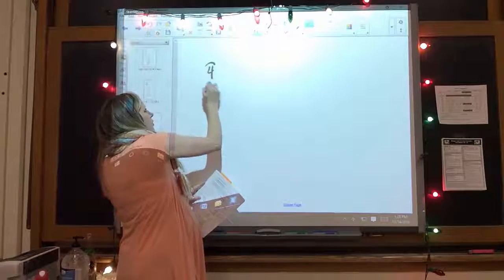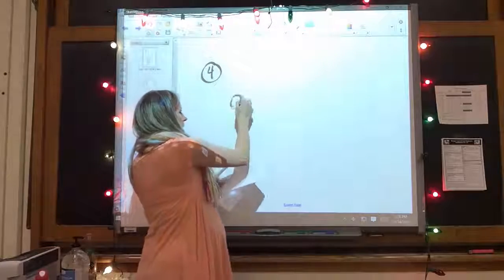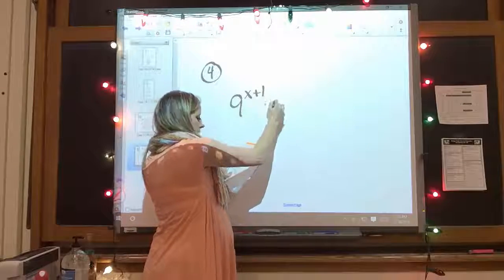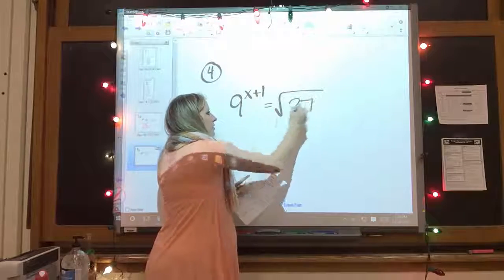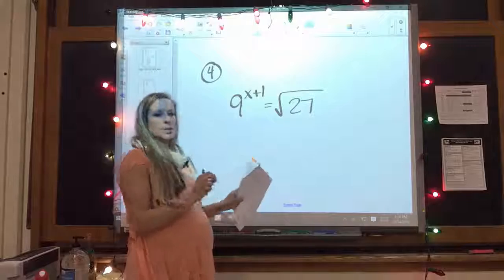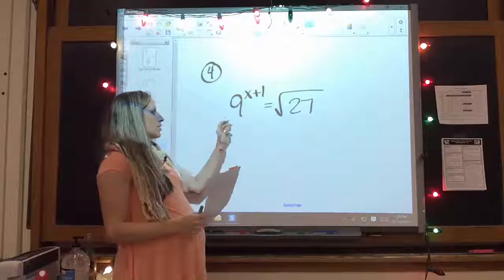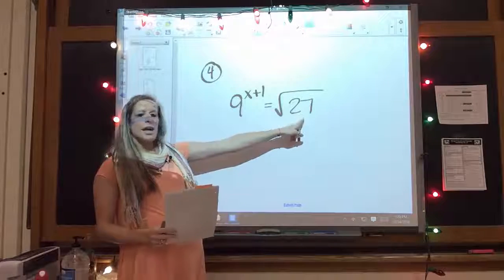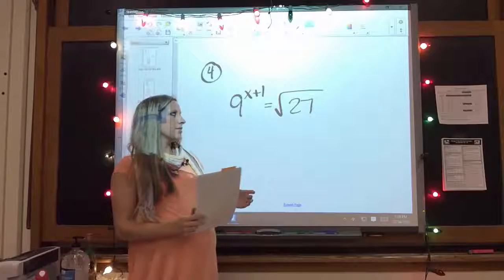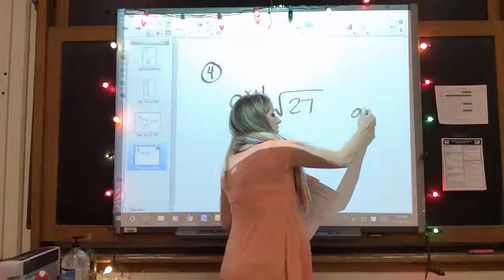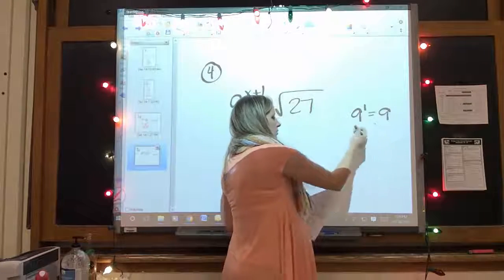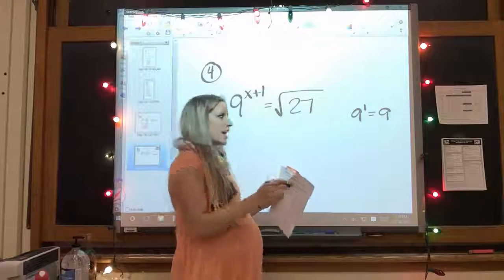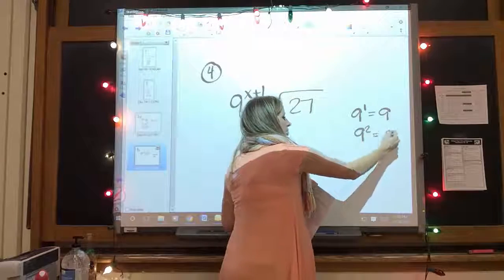All right, number 4, we have 9 to the x plus 1 equals the square root of 27. We need the same base. Now, there's no way to have a base of 9 that'll give me 27, because 9 to the first is 9, and 9 squared is 81.